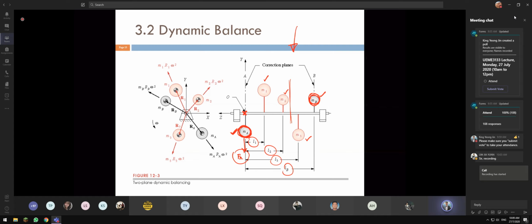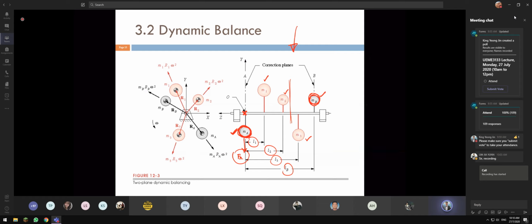So normally the balance mass that you can put in is at the rim, at its rim. So that's why you will see a lot of metal weight actually stuck onto the rim. You don't stick it close to the axle, because then the m r omega square will give very small impact, because the r is very small.